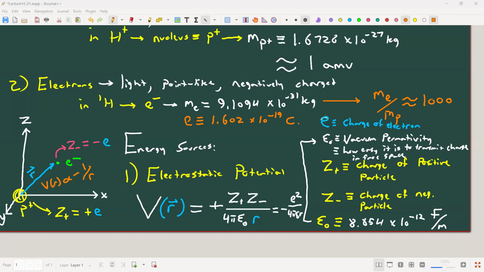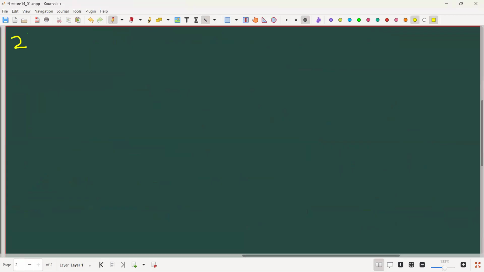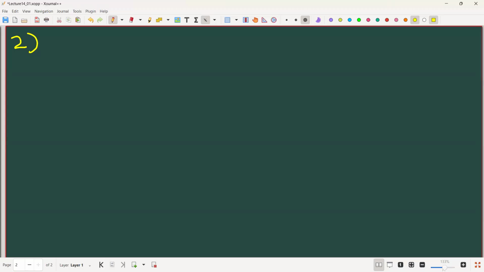So we first have the electrostatic potential. And we're going to define a different force, which most physicists would cringe a little bit at me defining because they call it an imaginary force, but it's a useful way to represent the physics. It is the centrifugal force.